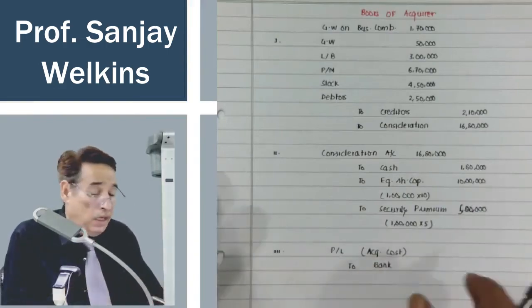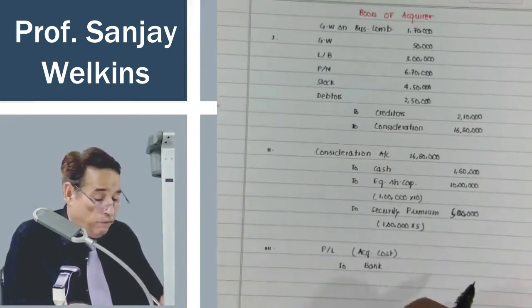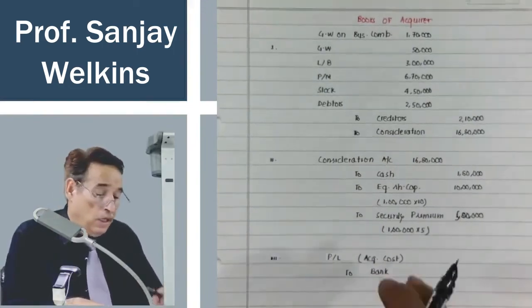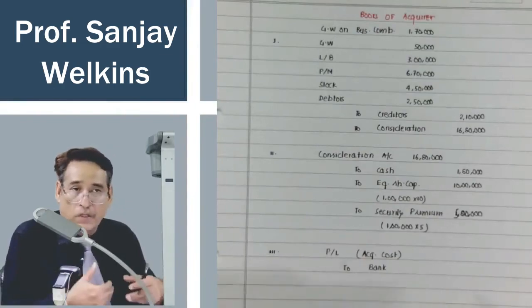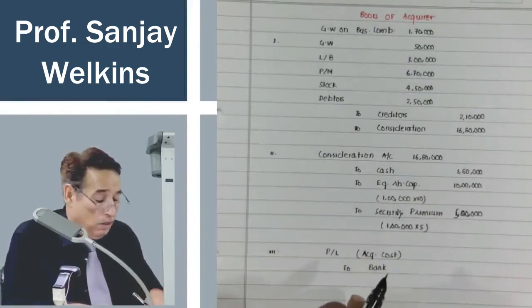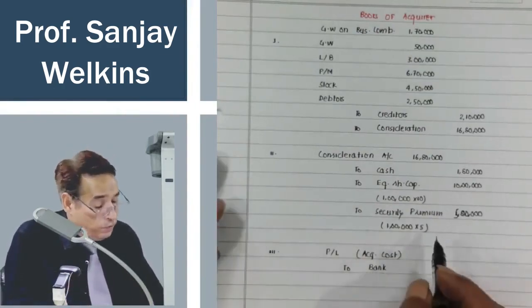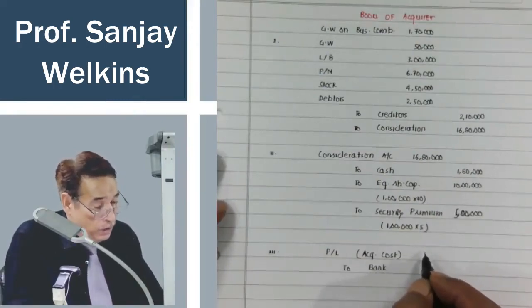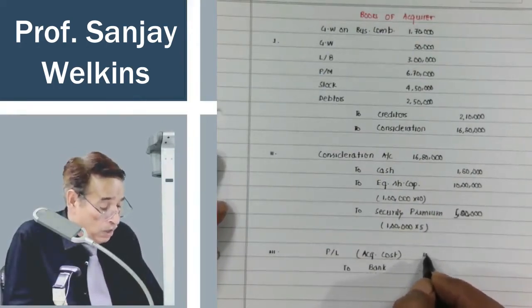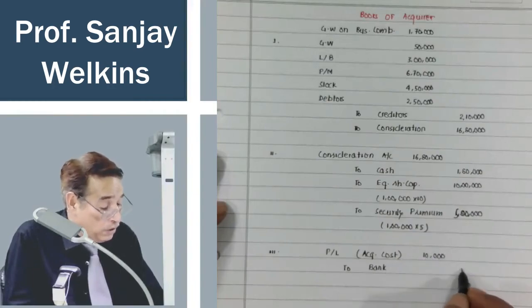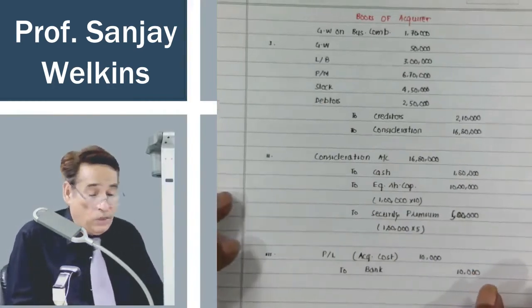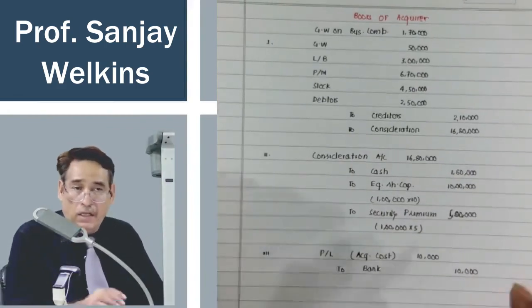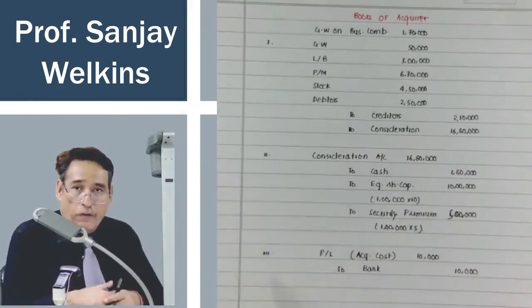Under AS 14, expenses borne by the purchasing company are generally debited to goodwill or capital reserve account. But here, we have to debit it to profit and loss account. That is the point, and that is the reason why I am stressing so hard. 10,000, 10,000. So this is how the accounting will run in the books of the acquirer.